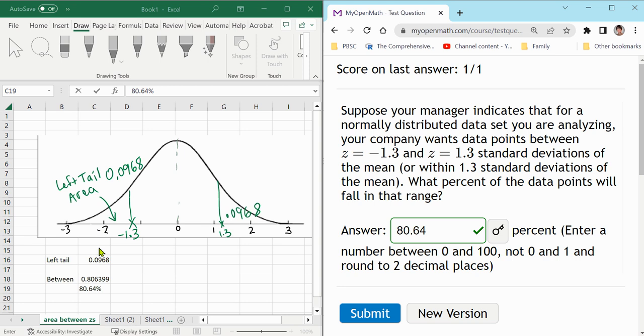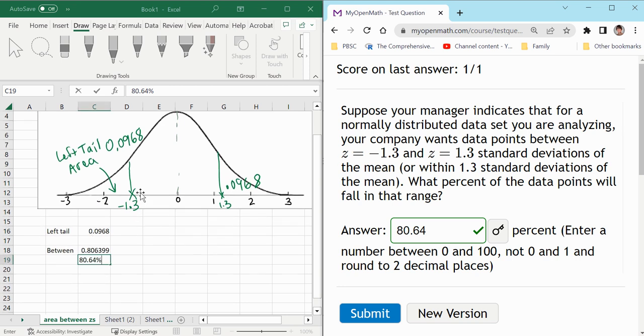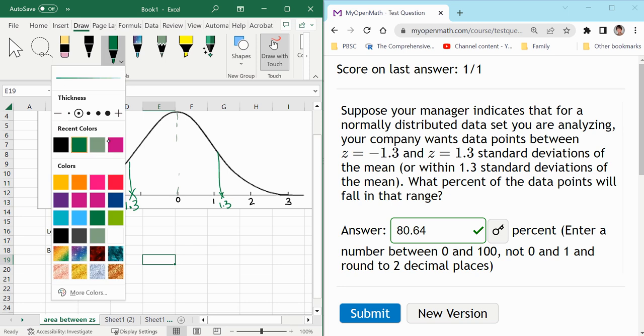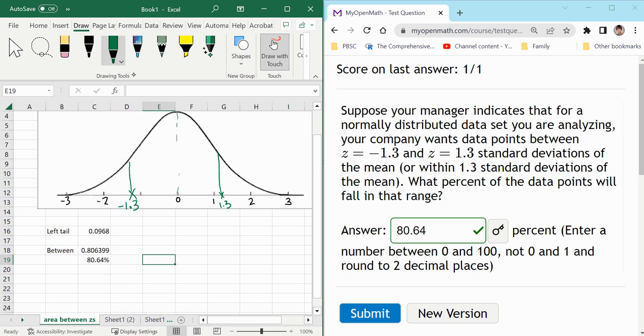So there I used symmetry and the left tail area to get the answer. Now we've also previously learned how to find the between area by first finding the large left area. That would be from all the way from here, all the way towards negative infinity.